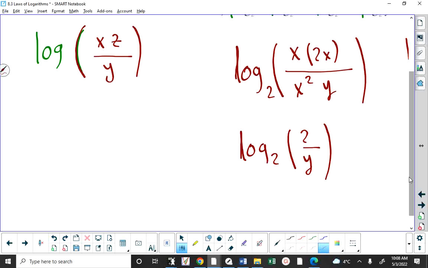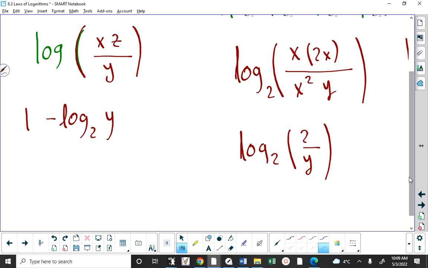So my question to you is, does anybody see why this is 1 minus log base 2 of y? Because it is. And it's likely to be that that would be the answer on an exam.